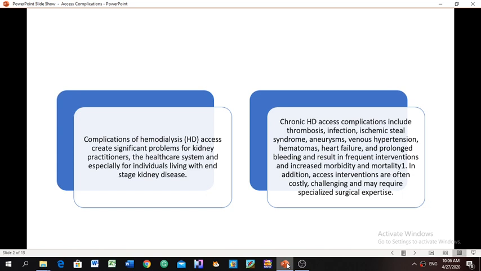Complications of hemodialysis access create significant problems for kidney practitioners, the healthcare system, and especially for individuals living with end-stage kidney disease.